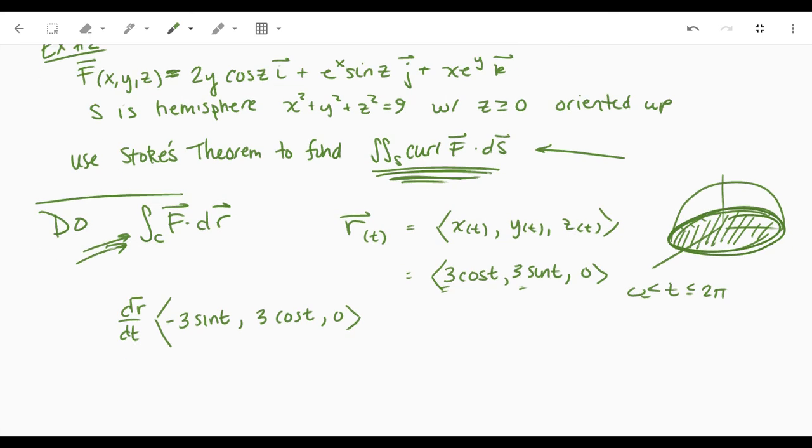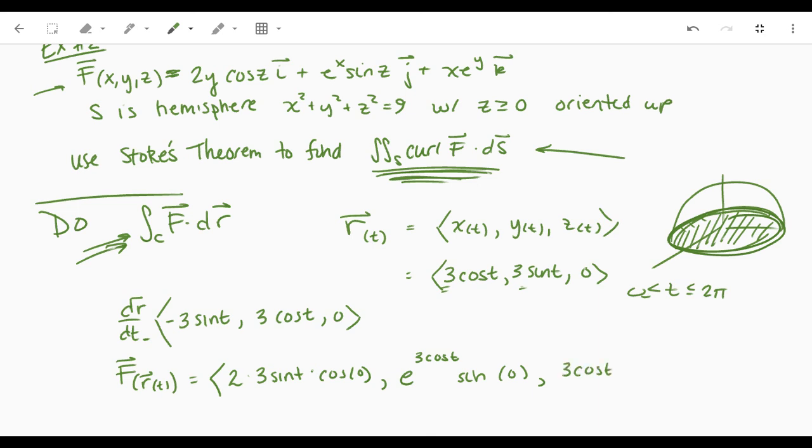And then f would equal, let's see, looking back up to this f here, 2y, which is 3 sine t, cosine of z, so cosine of 0, and then e to the x, sine z, and then we'll have x, e to the y.